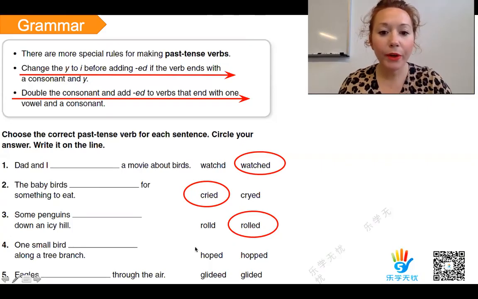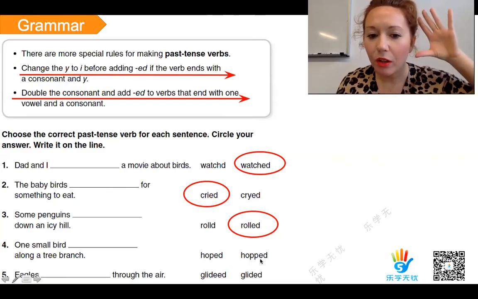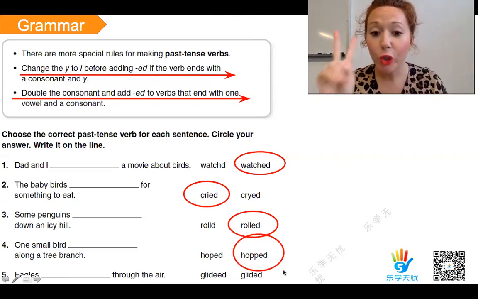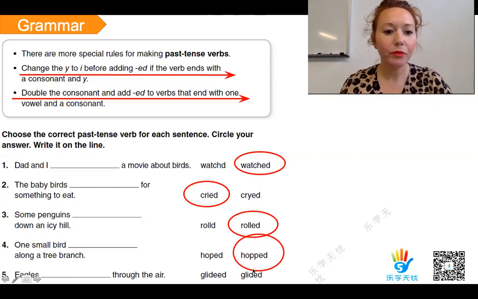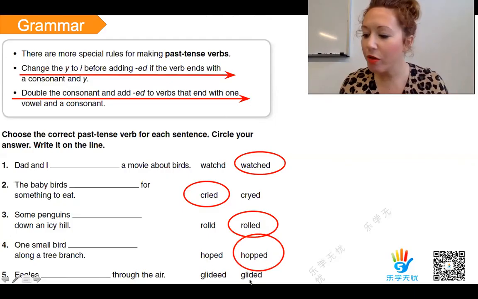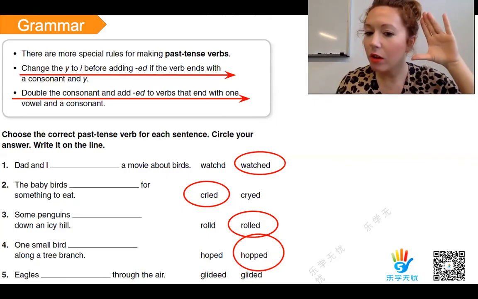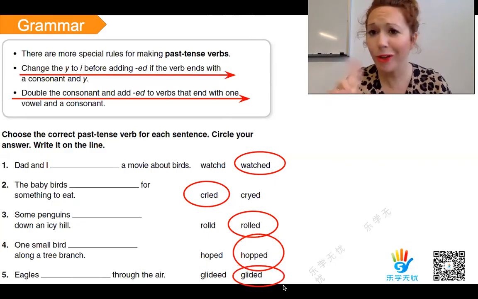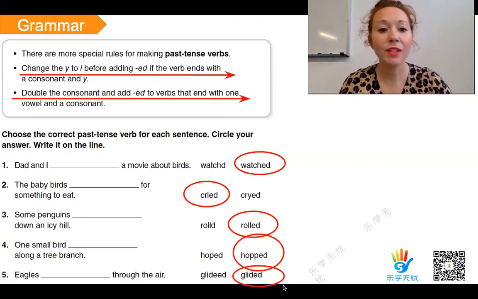One small bird hopped along a tree branch. Which one is correct? Hopped. We need to have two p's. Eagles glided through the air. Which word do you think I should circle? Glided. Very good. We do not need two e's in this past tense verb.